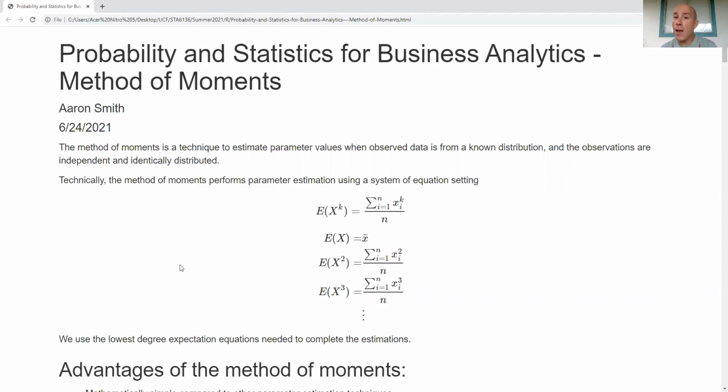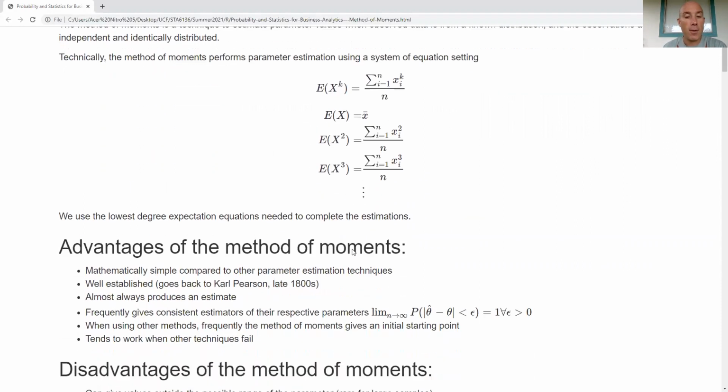There are advantages and disadvantages with this. There are a lot of disadvantages, but the major advantage is that mathematically, this is very simple compared to other techniques. Now, if you're not comfortable with systems of equations, this looks like a lot, but I promise you, this is pretty quick and easy compared to some alternatives.